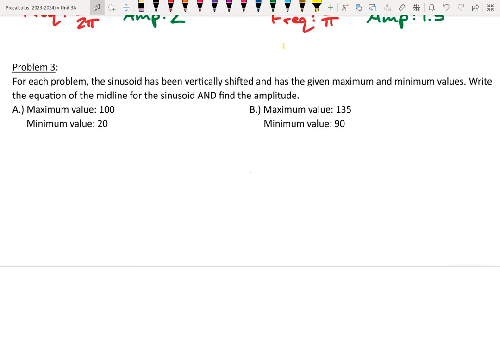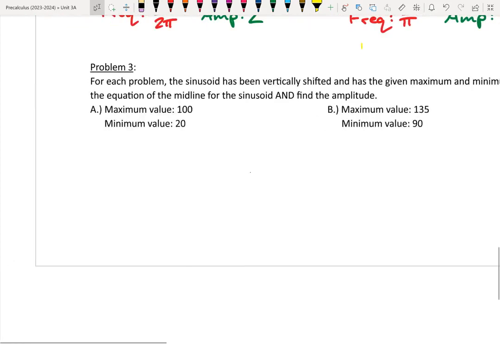Write the equation of the midline for the sinusoid and find the amplitude. Now, they're not asking for the period or frequency because we're not given enough information for that, but we do have enough information to find the midline and the amplitude.